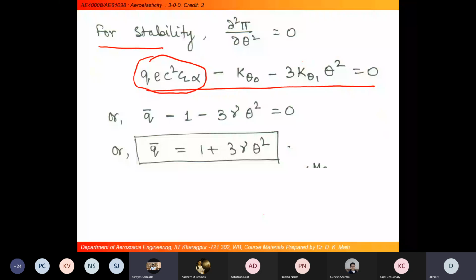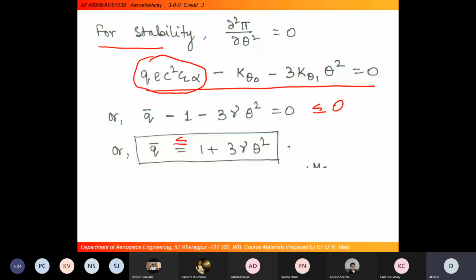Sir, shouldn't the second derivative be smaller than 0 for stability, and not 0? Equating it equal to 0, we get the condition of stability. At this point it will be divergent. This is the transition point.